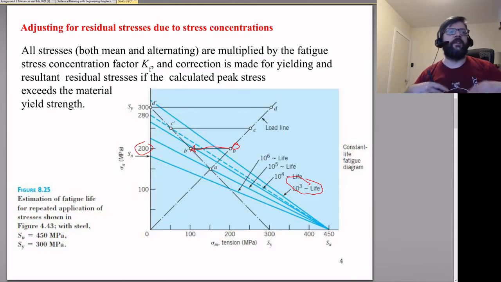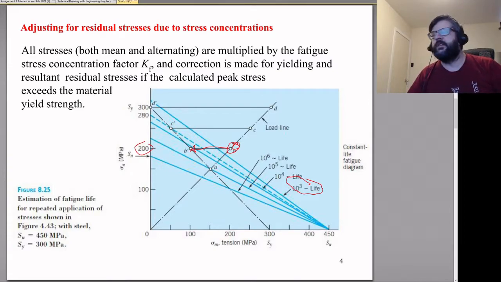So based upon taking that residual stress into account, we can say that this thing's going to last at least 10 to the 4 cycles, so at least 10,000 cycles, as opposed to this estimate here, where it's a fair bit past the 10 to the 3 line, so I'd expect that thing to last 900, 800 cycles tops. Certainly not much. So that would be a fairly significant increase in our estimated lifespan for the component in question.